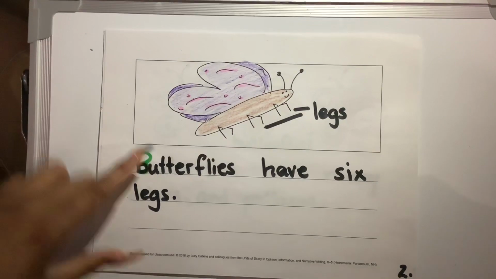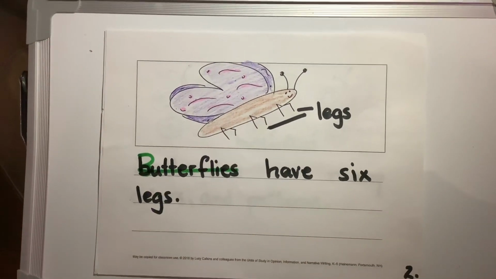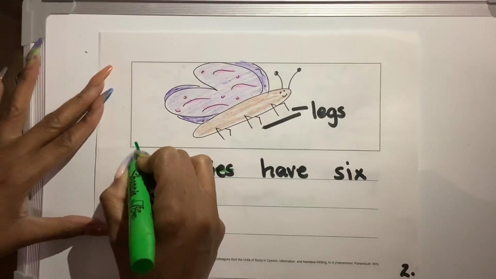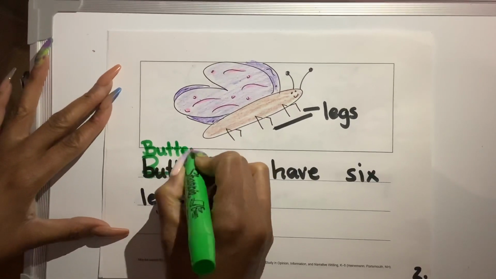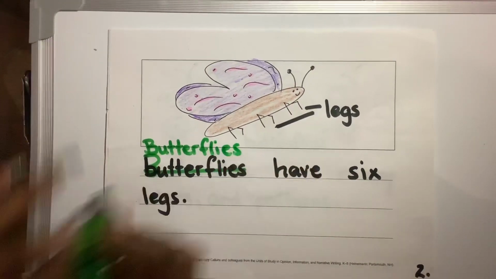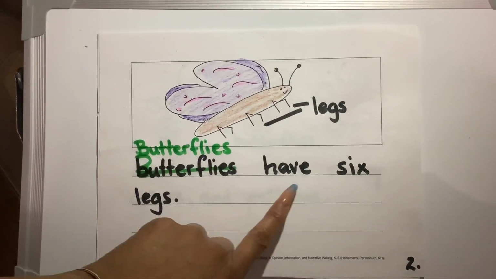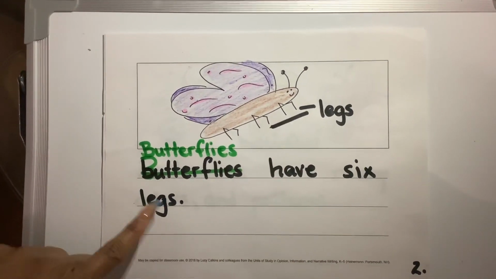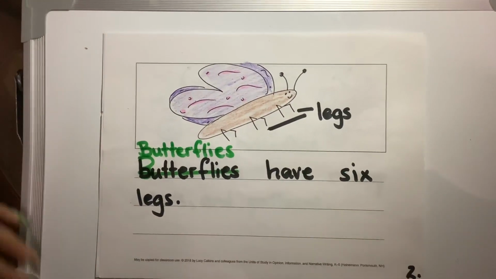So what we can do, boys and girls, which is the better way, is to cross out that word and then write it properly above, so our readers will be able to read it better. So butterflies have 6 legs. I have my finger space and I have my period.